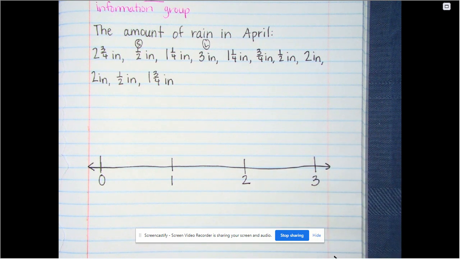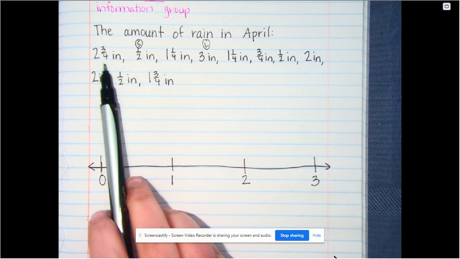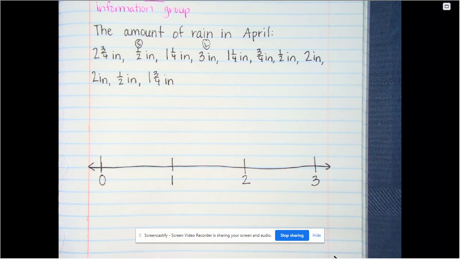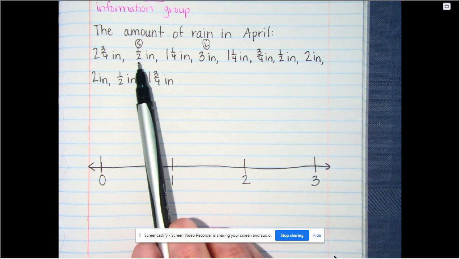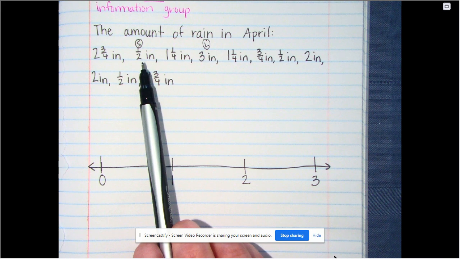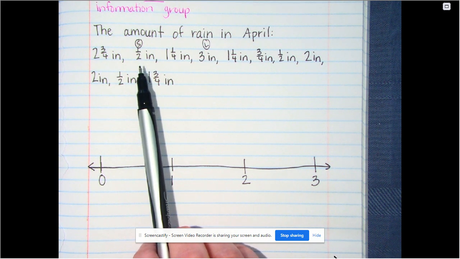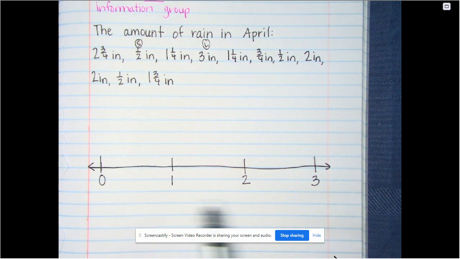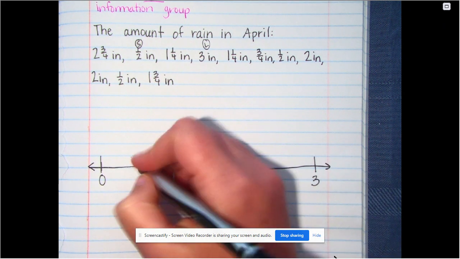Okay. So now I have my whole numbers listed, but I notice a lot of these numbers also have fractions. So now I need to go through and label my fraction amounts. The easiest way that I can do that, when I start noticing I have fourths and halves, ooh, okay, I know that I can easily change 1/2 into a fourth by multiplying both the numerator and denominator by 2. So 2/4 is equivalent to 1/2. So I know that I can split each of my whole numbers up into fourths.